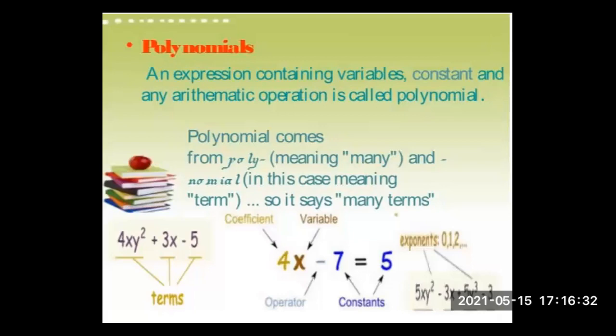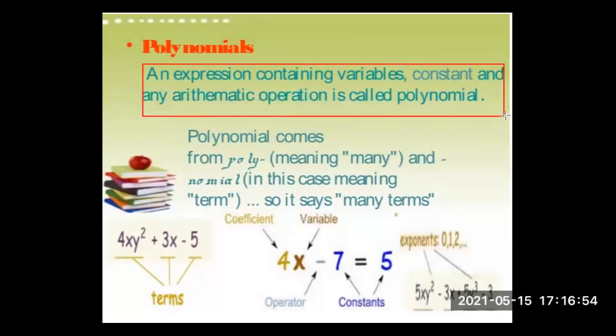Hello students. So today I'm going to start the maths class chapter number 2, that is polynomials. So you can see on your screen, what is a polynomial? An expression containing variables, constant and any arithmetic operation is called a polynomial.